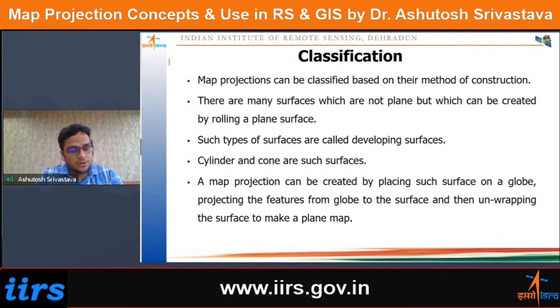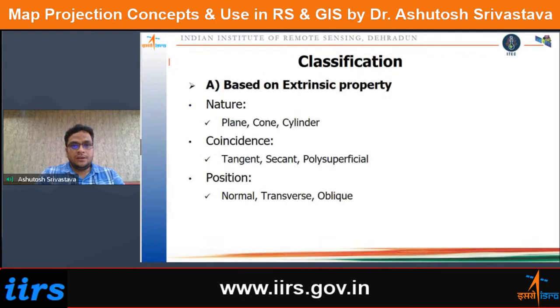It will be converted into a two-dimensional map. Such surfaces are called developable surfaces. The cylinder and the cone are such surfaces, and a map projection can be created by placing such a surface on a globe, projecting the features from the globe to the surface, and then unwrapping the surface to make a plane map.